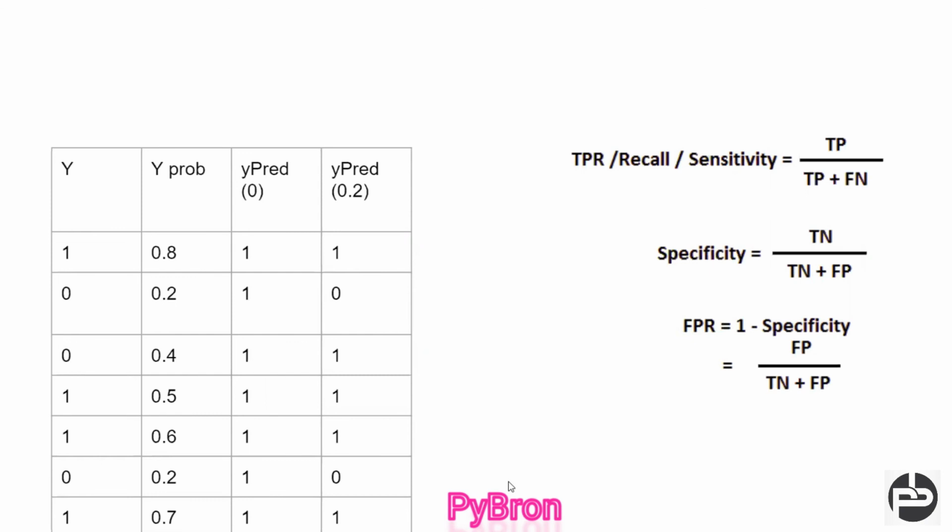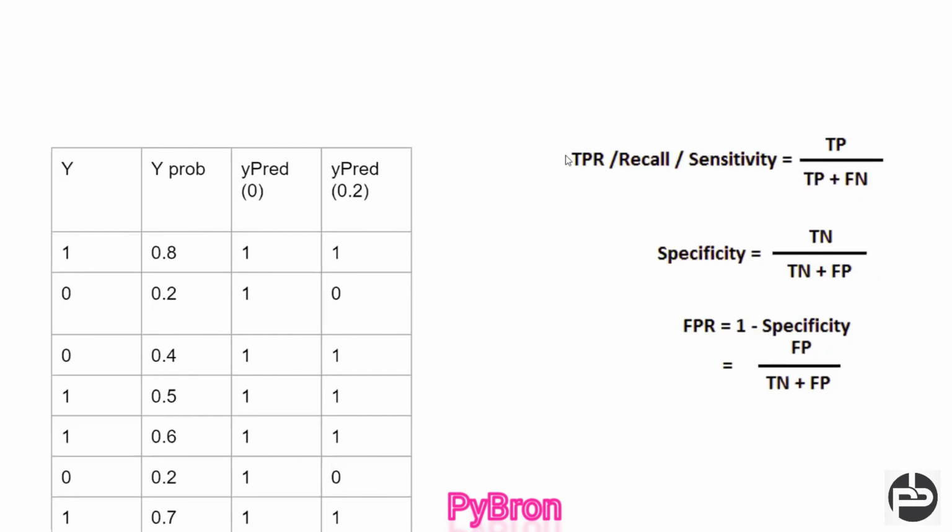I need only those points in which the machine has identified correctly. If I ask the machine about 200 data, out of 200 ladies, how many the machine has identified correctly as pregnant or not, this is known as the true positive rate.